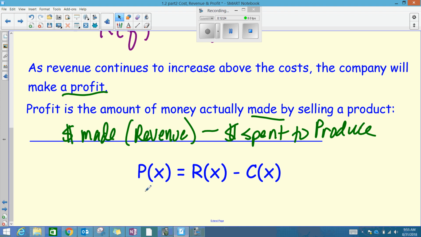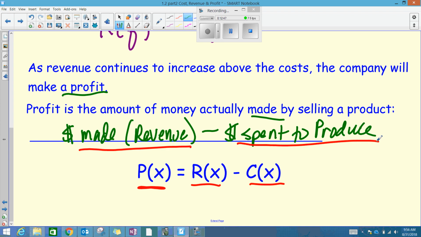Profit, and again, profit and price are just a case of the letter: profit is capital P, price is little p. So the profit of a company is the revenue, how much money it brings in, minus the cost, or how much money it had to spend to produce a product.